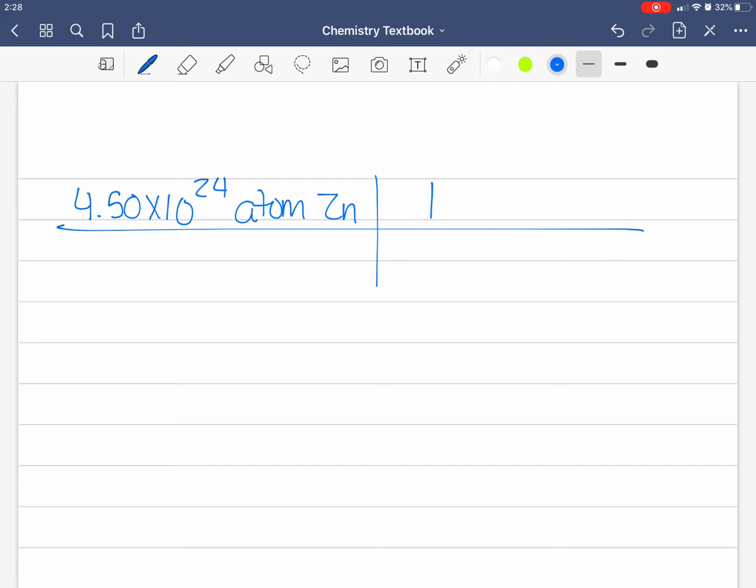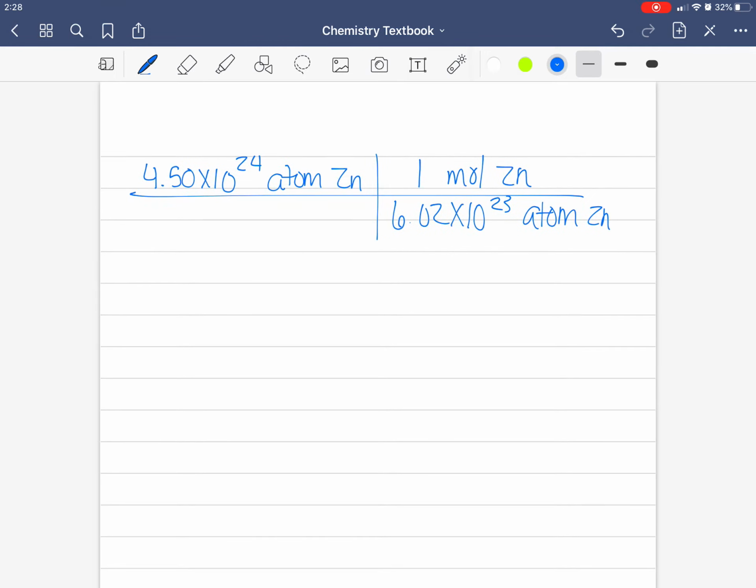So moles of zinc go up here. So I know down here it needs to be Avogadro's number, 6.02 times 10 to the 23rd atoms of zinc. Okay. So this cancels out and this cancels out. So I can multiply across, right? But this number times 1 is still that number. So that means mathematically I'm going to divide this number by Avogadro's number.